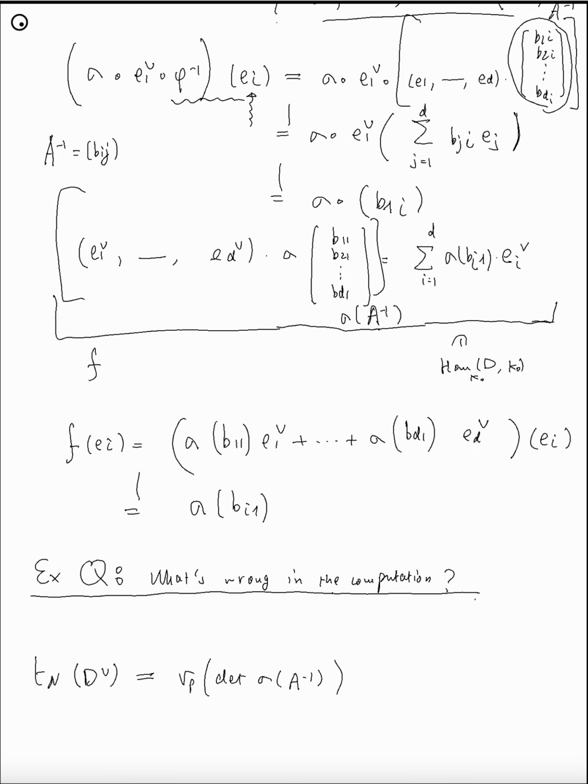What's the argument here? Or maybe we are not wrong, we are correct, but the final conclusion is actually that it should be sigma of A inverse transpose. What we have computed actually is this one, and then it's just the transpose put here, but it doesn't influence the determinant.